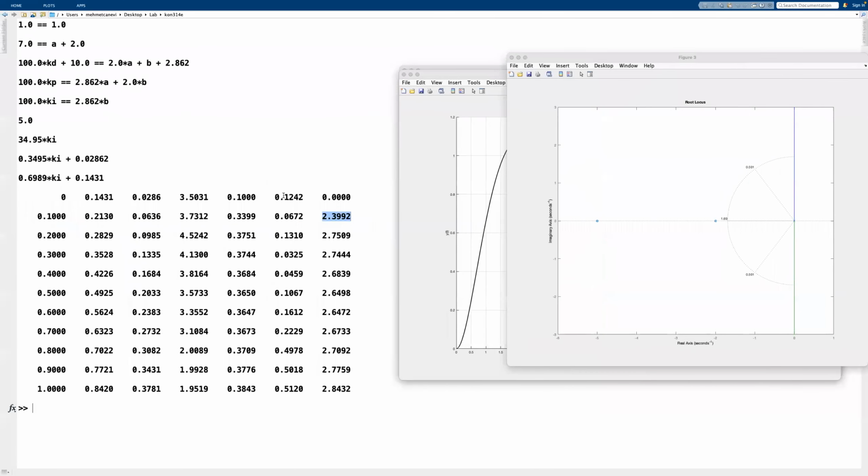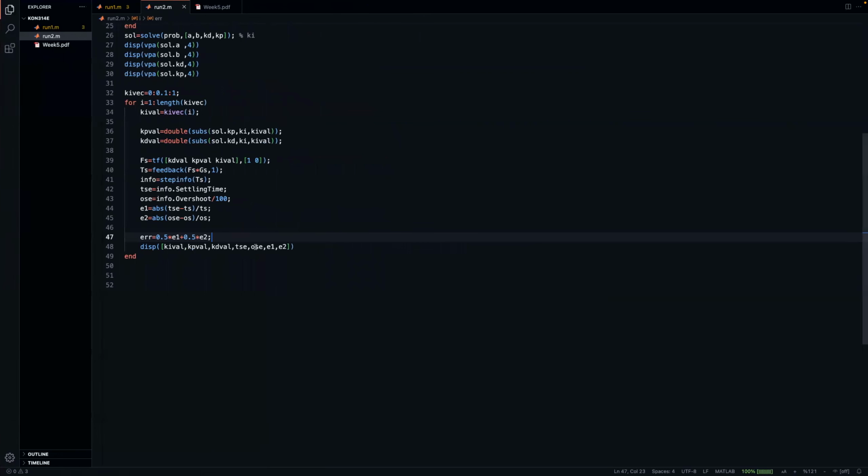This means that I want to optimize the settling time and the overshoot equally. They're equal to each other. I care about them equally. So that's what I'm trying to say here. Or I want to prefer, for example, overshoot. I think that it's more critical to optimize the overshoot over settling time. So therefore, 75% should come from overshoot and 25% should come from settling time.